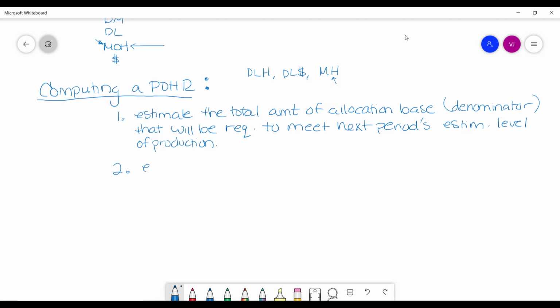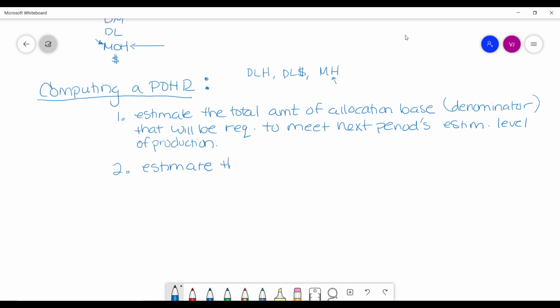And second, you want to estimate not only your total fixed manufacturing overhead costs for the period to come, but also the variable overhead costs for the period to come. Let me write this out so you have it.